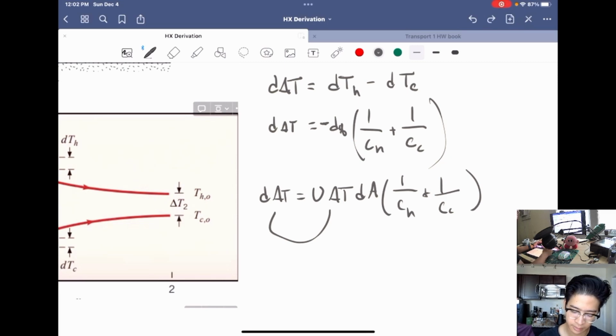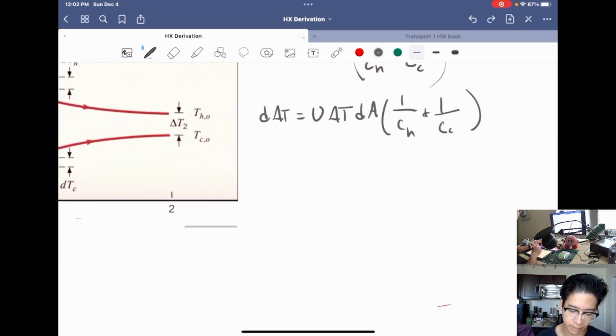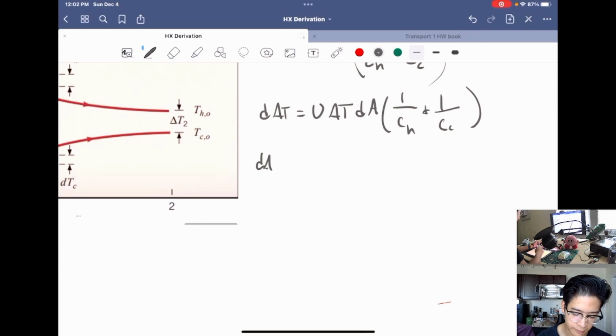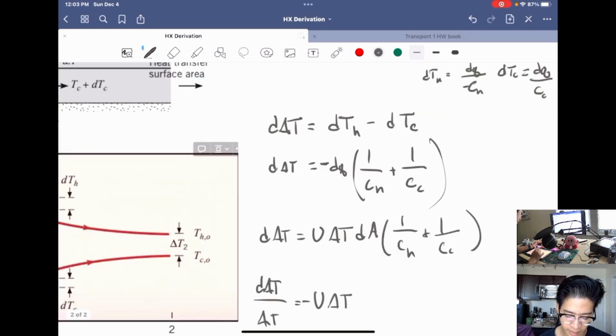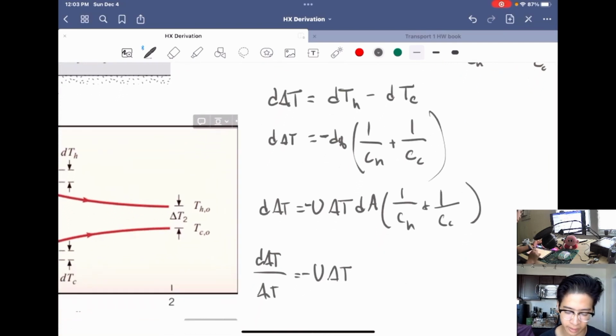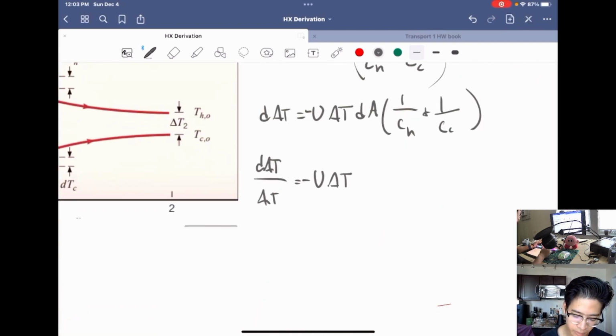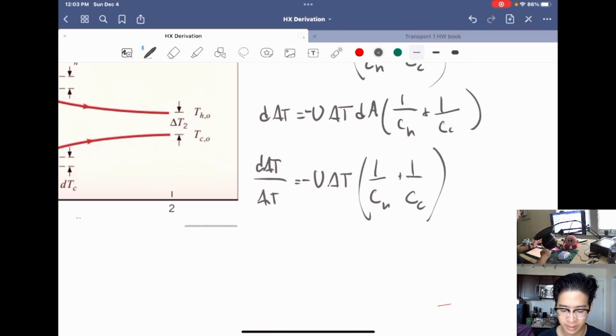Well, I can bring this delta T term to the other side to match it up with the differential change in temperature. So differential change in temperature over change in temperature is equal to negative U, delta T, times 1 over CC, not CH, plus 1 over the heat capacity of the cold stream, and differential area.